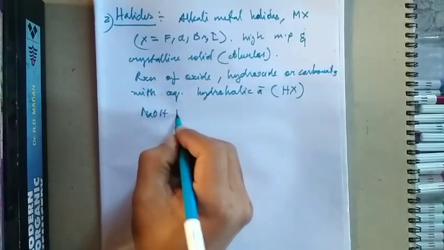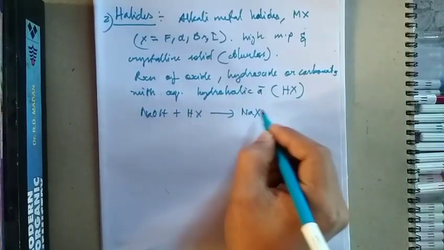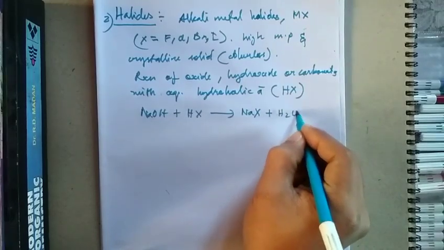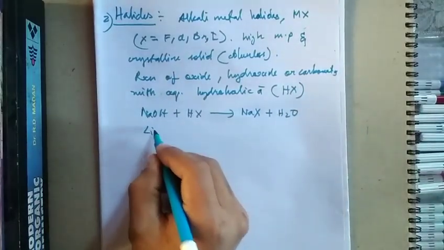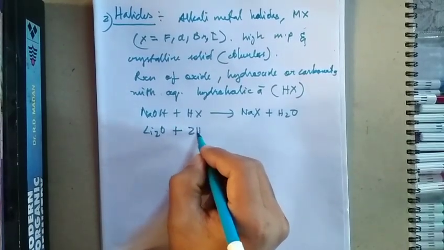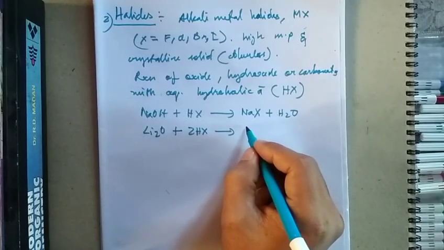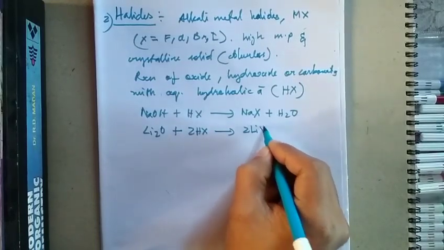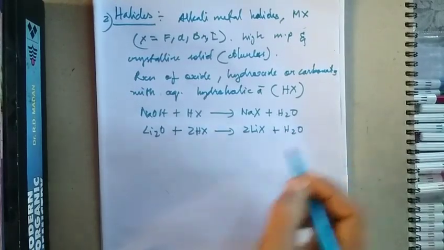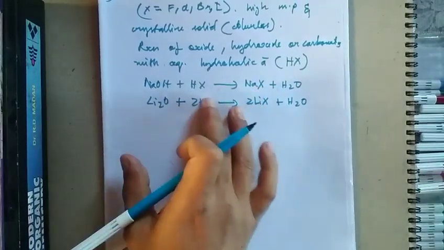Sodium hydroxide reacts with hydrohalic acid to give NaX, that means sodium halide, and water molecule. Now Li2O, lithium oxide, reacts with 2 moles of HX to give 2 LiX, lithium halide, and water molecule. So this is how they are prepared.